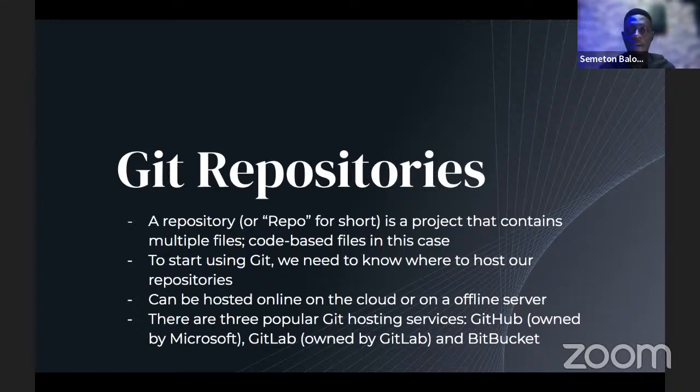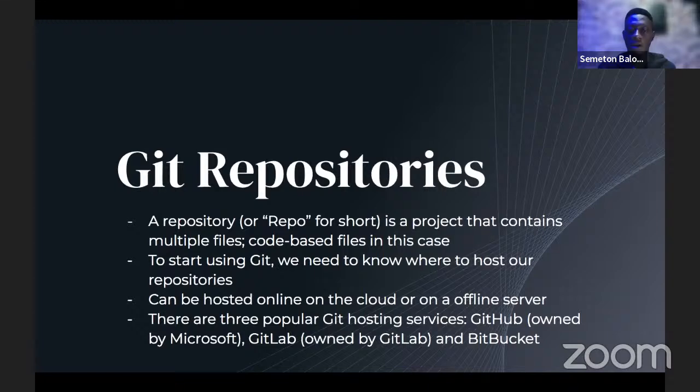We have three of the most popular cloud hosting services where you can host your repository: GitHub, which is run by Microsoft, GitLab, owned by GitLab, and then Bitbucket. These are the cloud spaces where you can host your repository, and then you can track this repository at every point in time with Git.